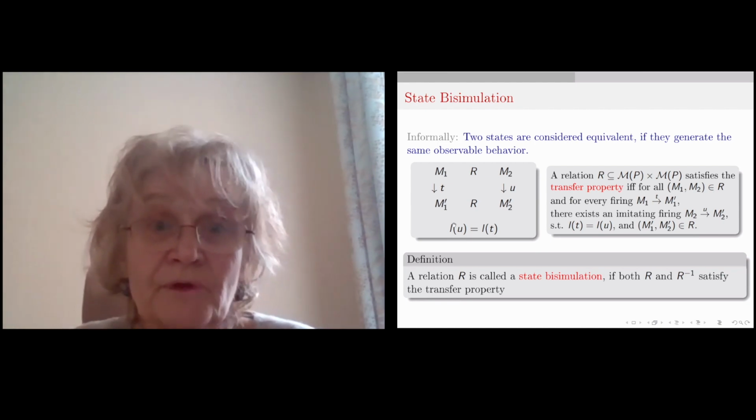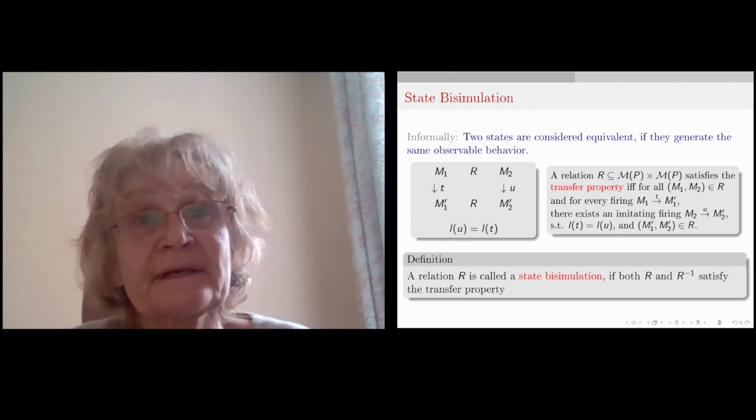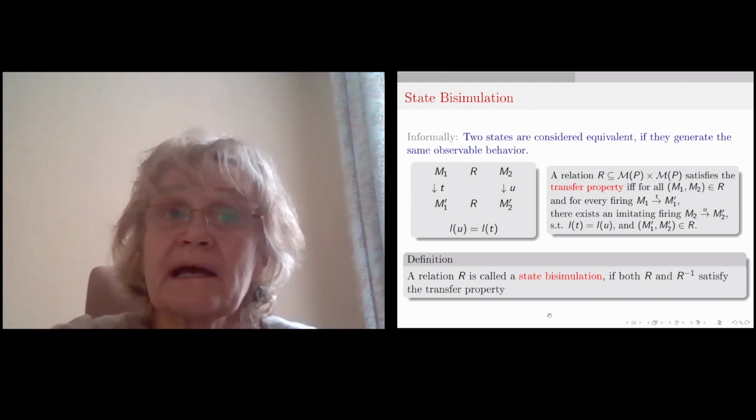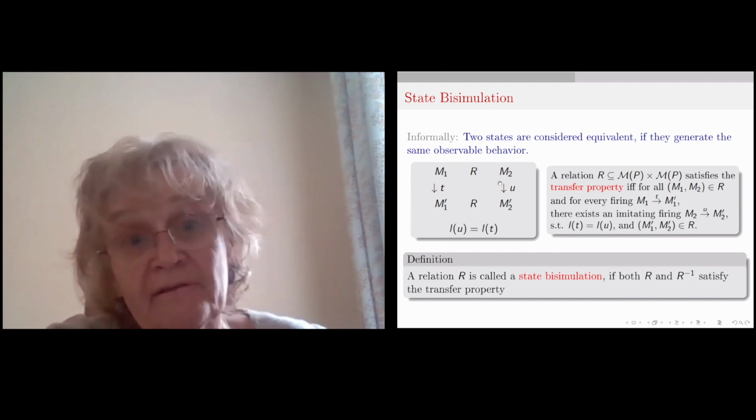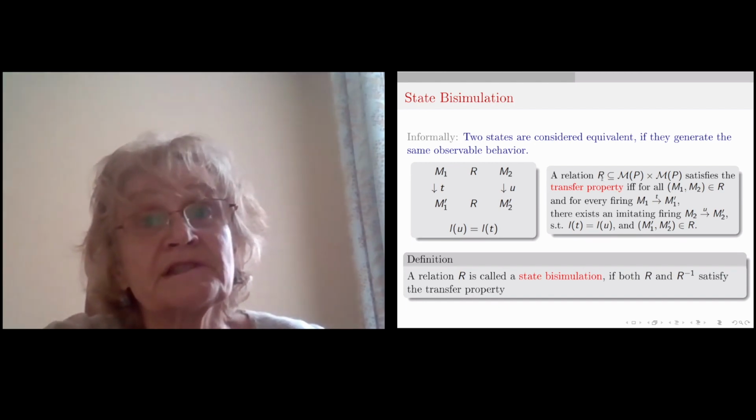So we suppose they should also be equivalent. And if we have such a relation with such a property, we say that we have a transfer property for this relation F.